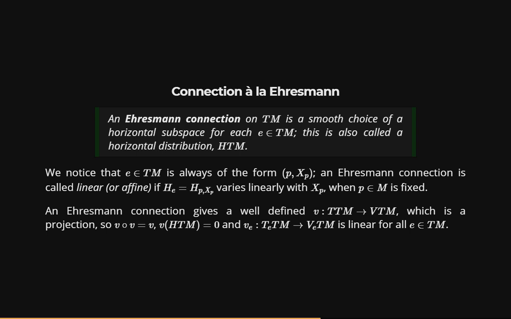What's new is that we can project on the vertical part, and we call this projection V. Now, we have a smooth map from the tangent bundle of the tangent bundle to the vertical distribution, which is idempotent. So V composed with V is V. Its kernel is the horizontal distribution. And obviously, at every point it is a linear map. So it's actually, at every point, just the linear projection with that kernel.